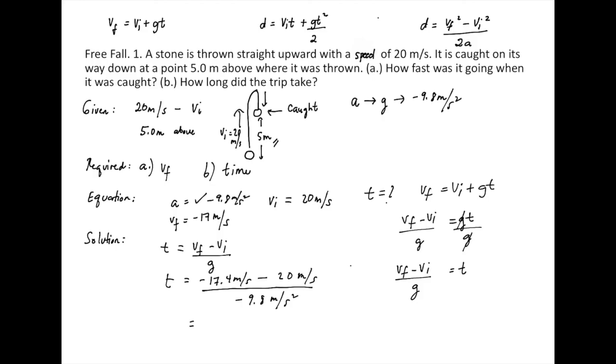That is negative 37.4 meters per second divided by negative 9.8 meters per second squared. We have 3.816, and the unit is seconds. For two significant figures, we need to round it off. Therefore we have 3.8 seconds. And that is our answer for letter B.